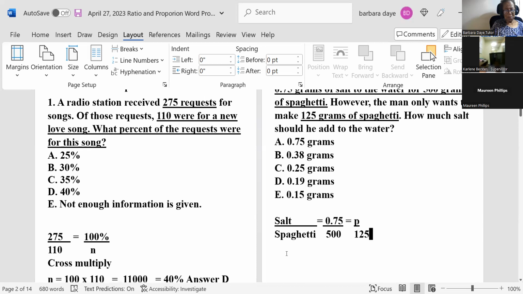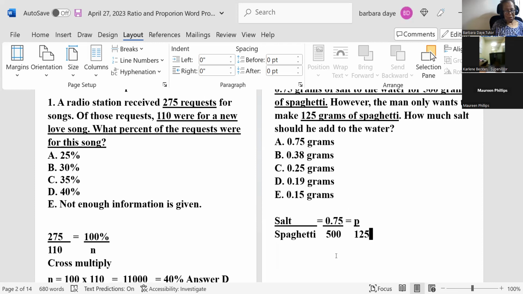No, no. How could P be 500? Maureen, you're cross multiplying. P times 500 is 500P. Oh yeah. And 0.75 times 125. So you have to find that. So it's 0.75 times 125 divided by 500. So that's what I want you to calculate. Oh, I should have said P instead of 500.